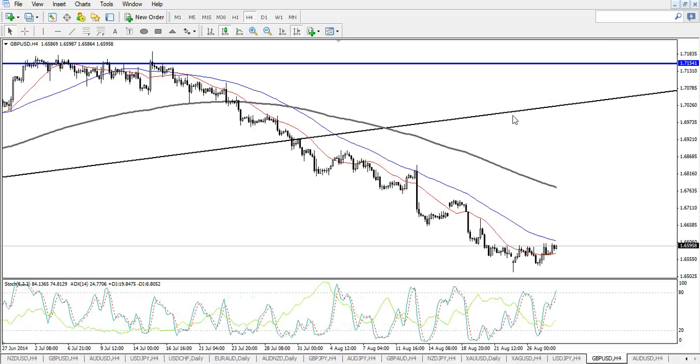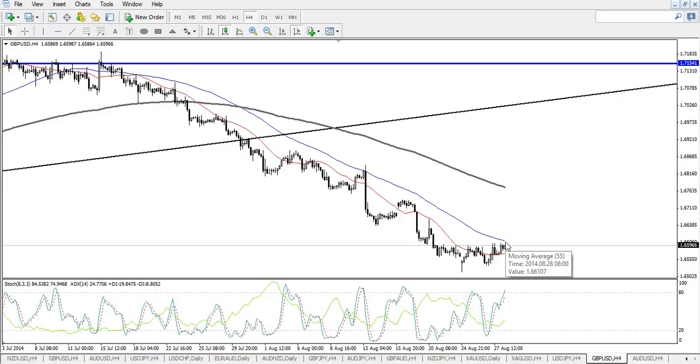In the four-hour chart, I can see that the 55 moving average looks like a strong resistance over here, and right now price is about to hit the 55 moving average again.